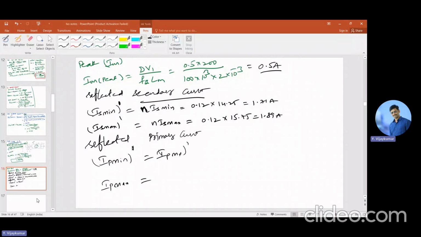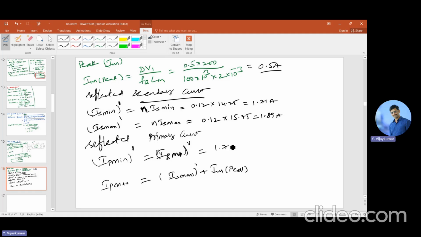We have a reflected primary current: IP minimum is equal to IS minimum dash, whereas IP max is equal to IS max dash plus we have to add the peak magnetizing current also.